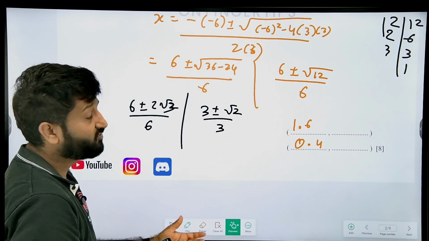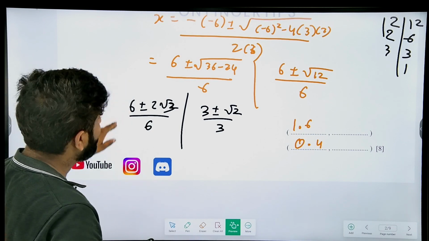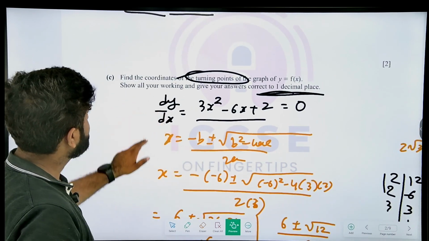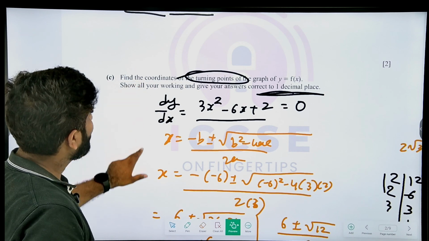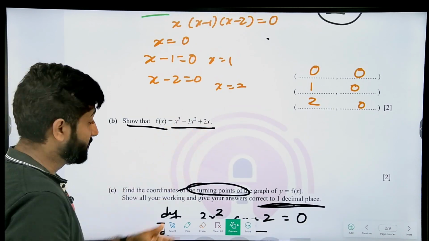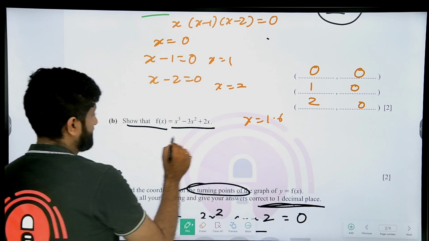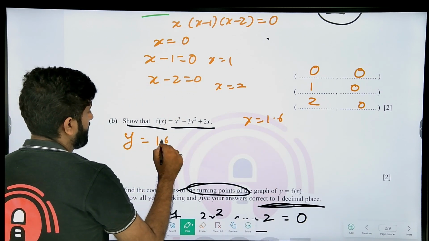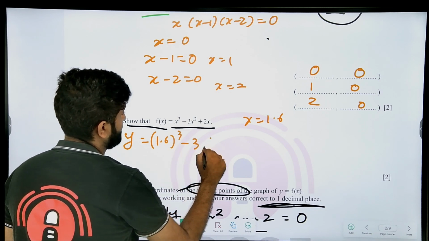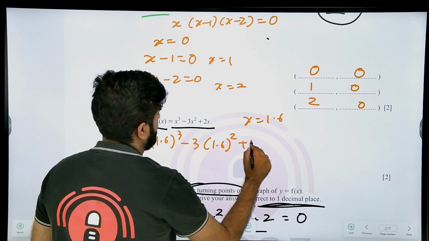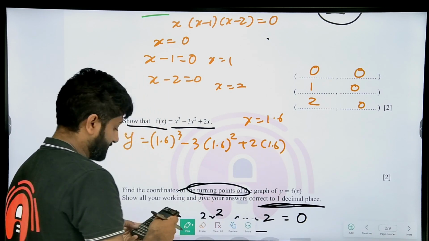Now obviously I have to find the coordinates, so I will have to substitute the value of x in the main equation. What is my main equation, guys? This is my main equation. So when x is 1.6, y is going to be 1.6 cubed minus 3 times 1.6 squared plus 2 times 1.6.